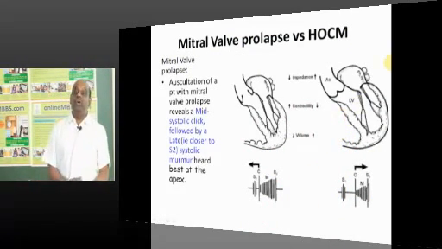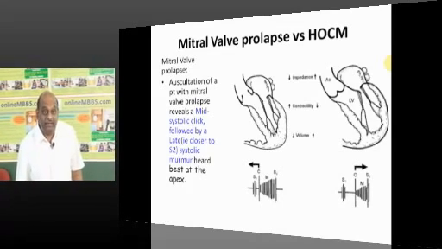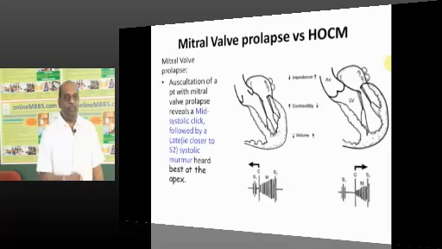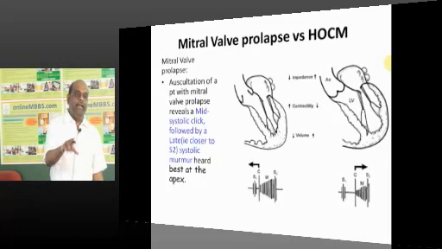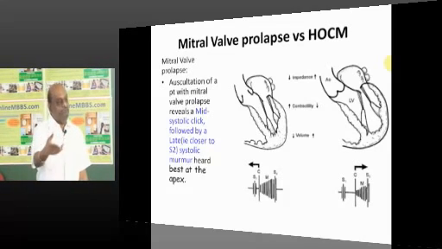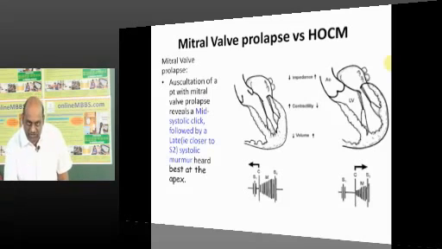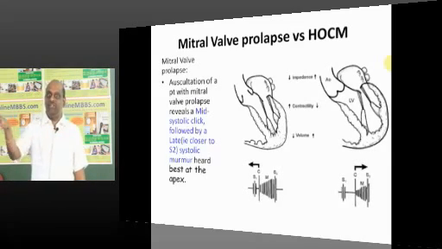So, if you want to differentiate, now MVP causes which kind of murmur? In MVP there is MR. The murmur caused by MR is the MVP murmur. Is the MR murmur a systolic murmur or diastolic? Systolic murmur. Yesterday we had the pan-systolic murmur.